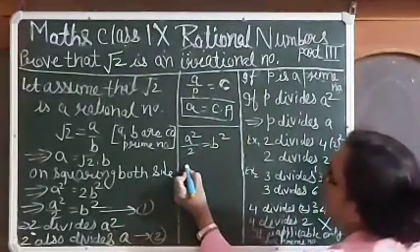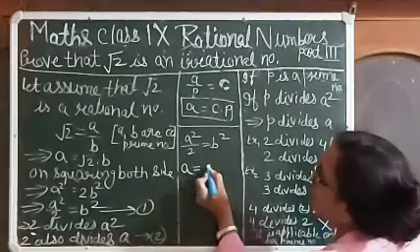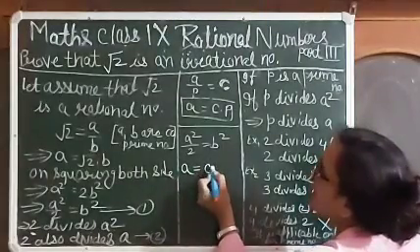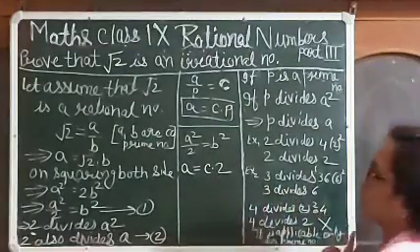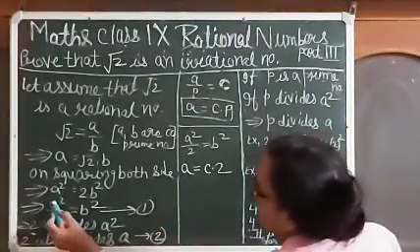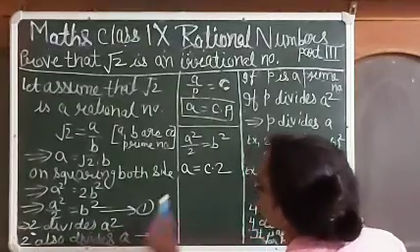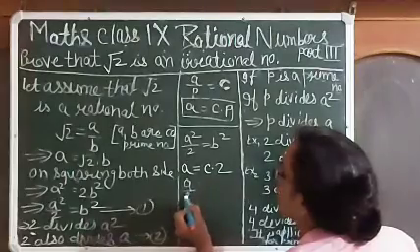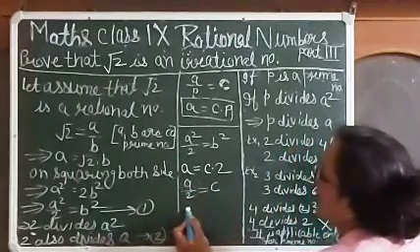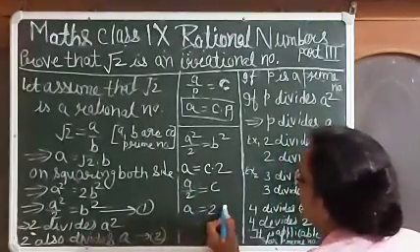So we write a is equal to c into 2, where c is a upon 2. Then a is equal to 2 into c.